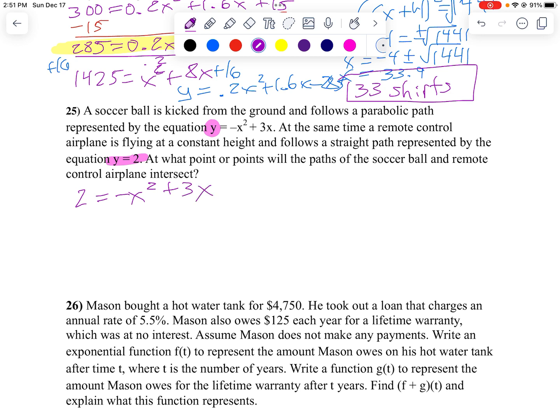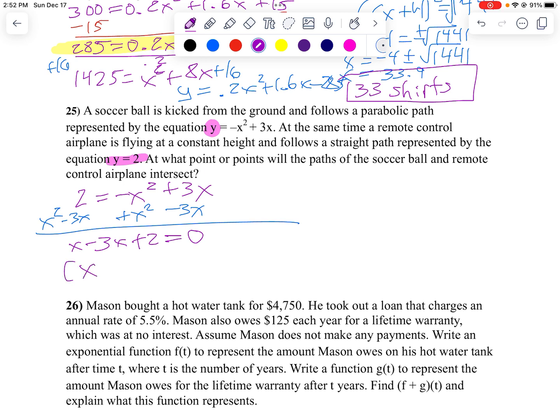I don't like my x being negative, so I think I'm going to factor this because it might be the shortest way to do it. I'm going to add x squared and subtract 3x from both sides. Then I'm going to get x squared minus 3x plus 2 equals 0.